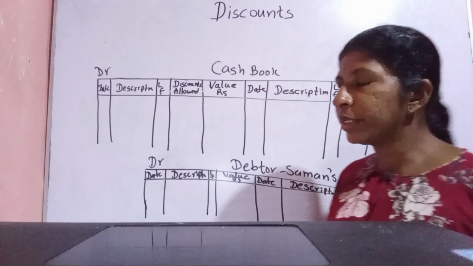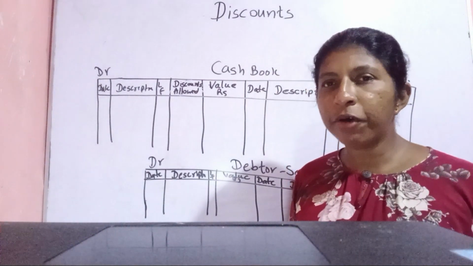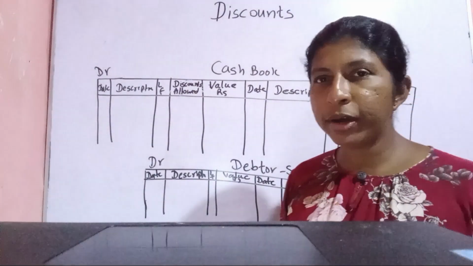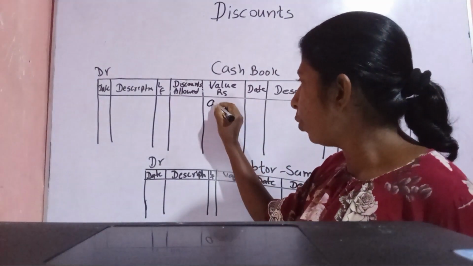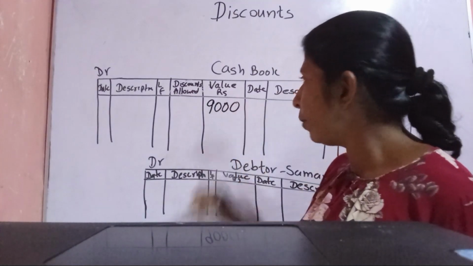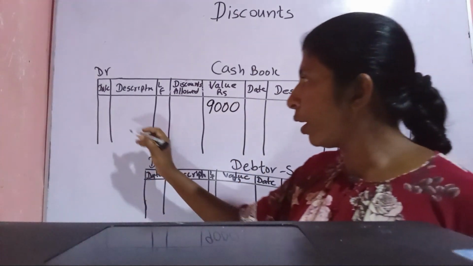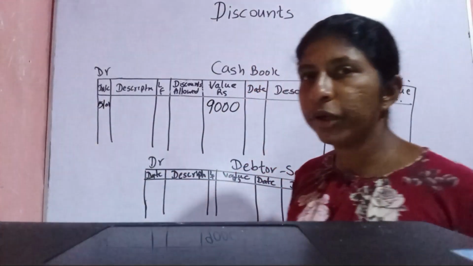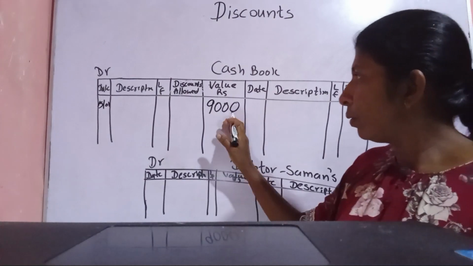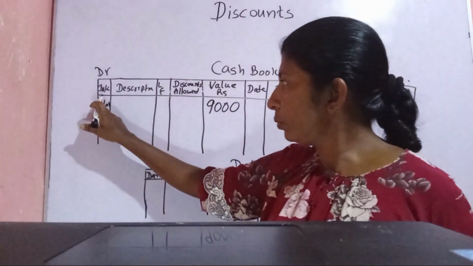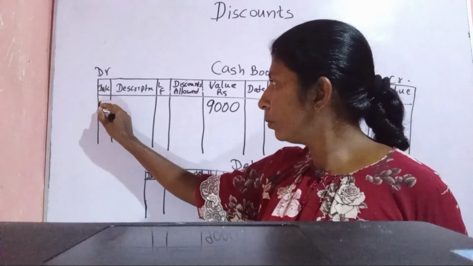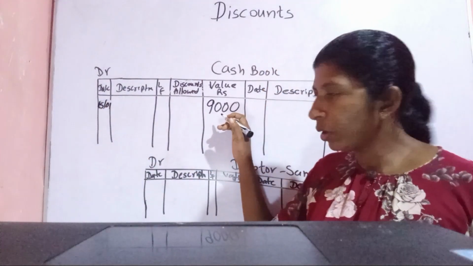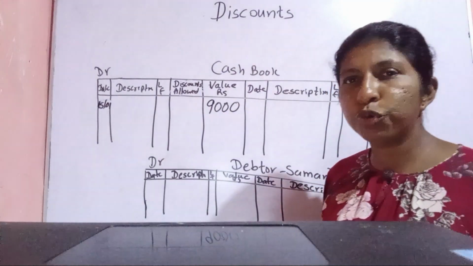Now, our transaction is we have received 9,000 from our trade debtor after deducting discount. Go and debit here in the cash book 9,000. Shall we take the date as 15th January? I recorded 9,000 in the cash book debit.